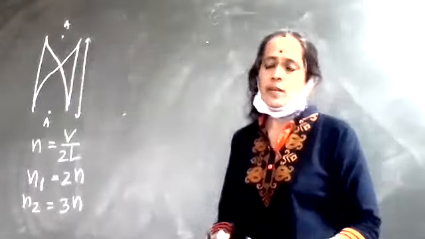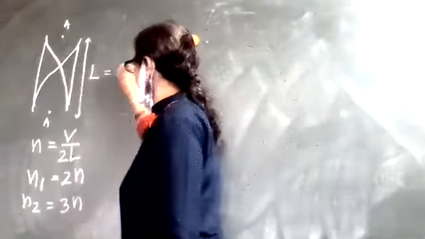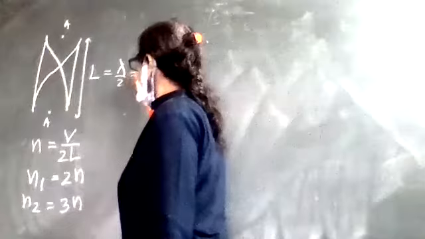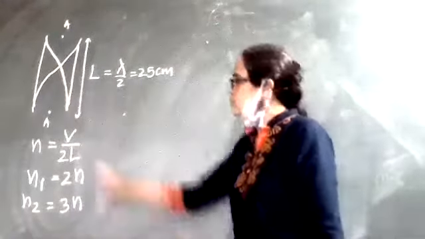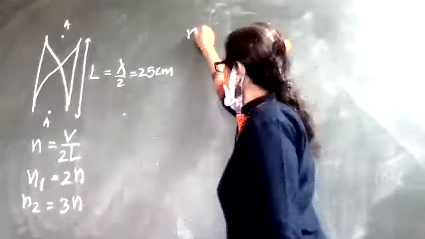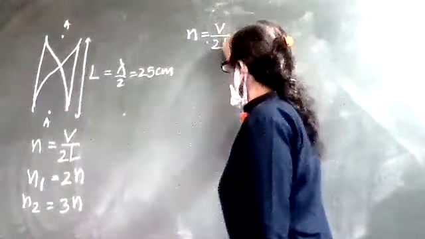Now, first I will find the fundamental frequency. In the problem, I have been given the speed of sound and the length of the pipe, this L, which is equal to lambda by 2, given as 25 centimeters. So I can put it in the formula. Fundamental frequency n is equal to V upon 2L.